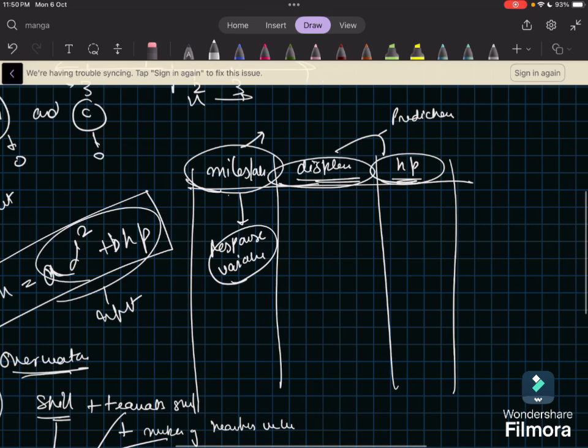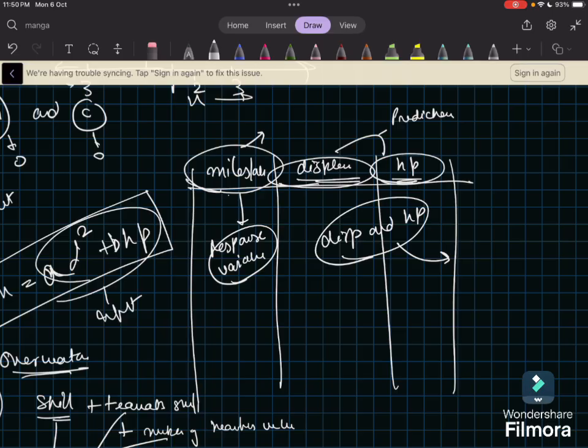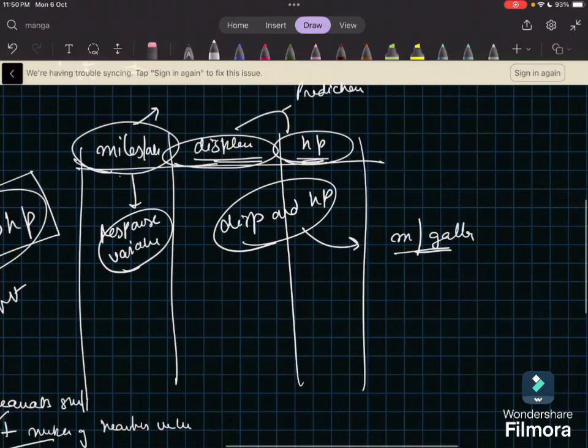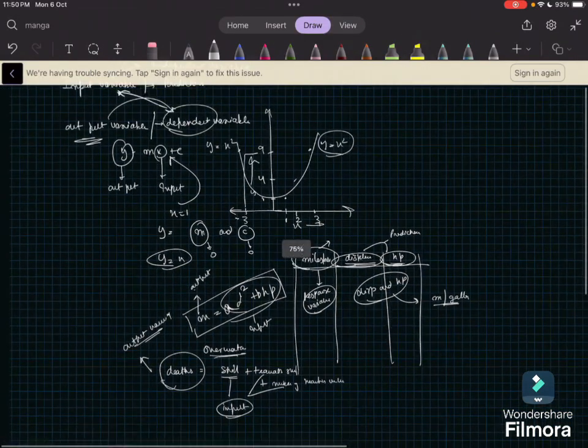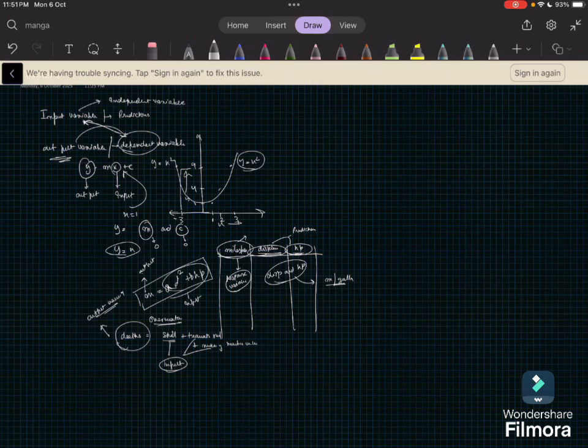Like we are changing the value of displacement and horsepower in such a way that we get a response of miles per gallon. How accurate that response is, or if that response is even valid, that will come under further studies. Right now, this is your basic what input variable is and what output variable means.